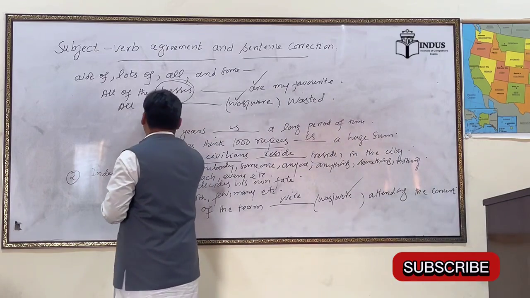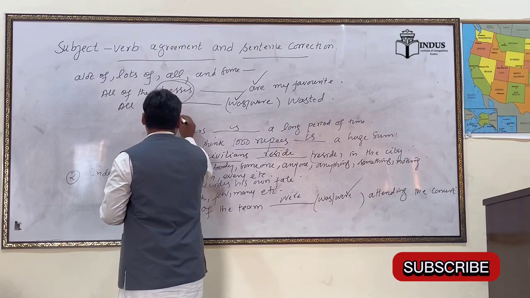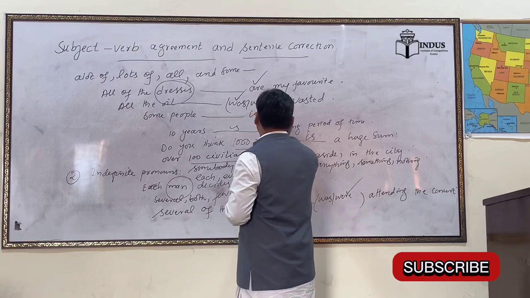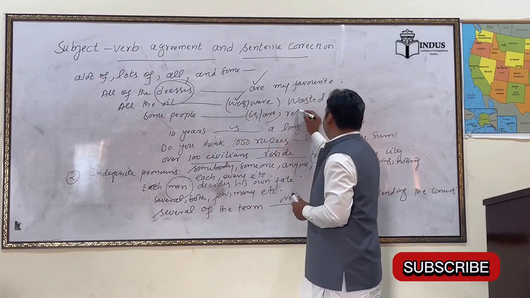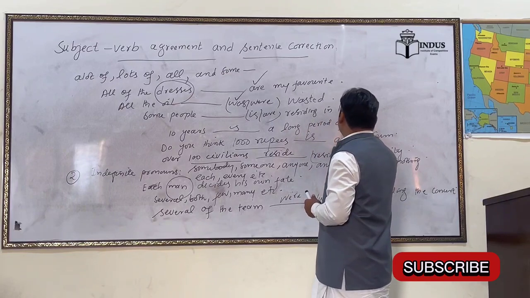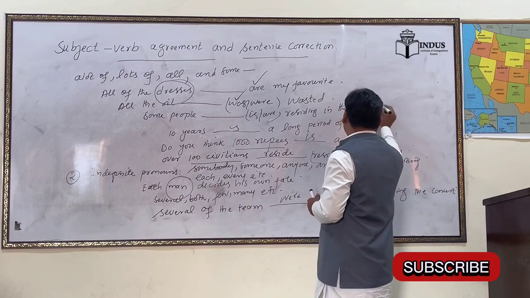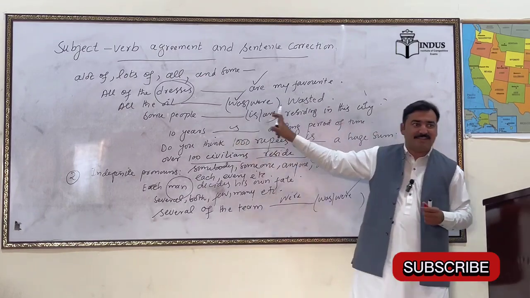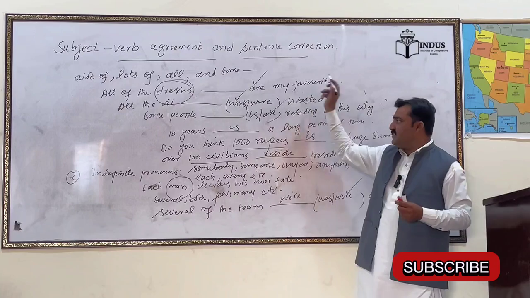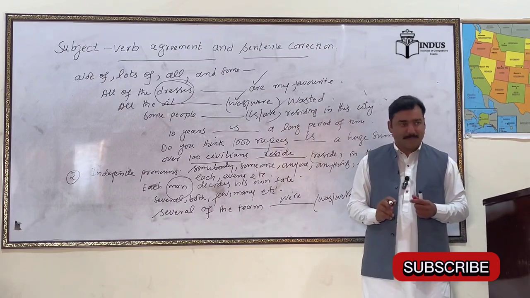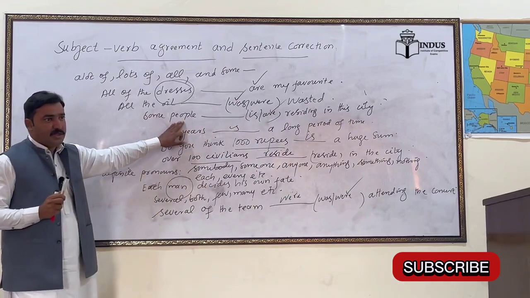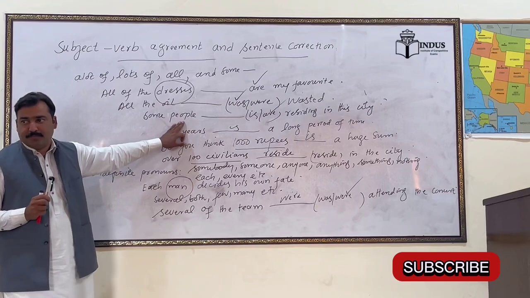If I say some people are residing in this city, some people are residing, so here we will treat it as the plural subject, because here people is a countable or uncountable noun?